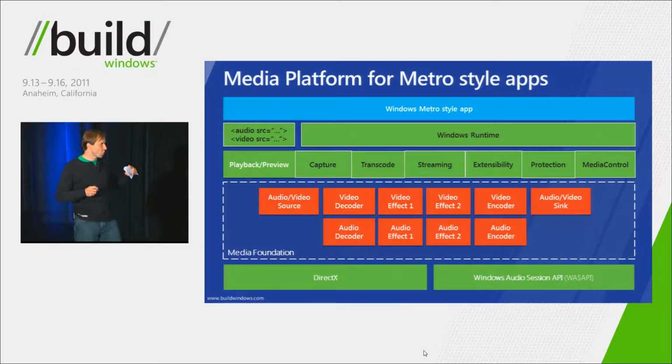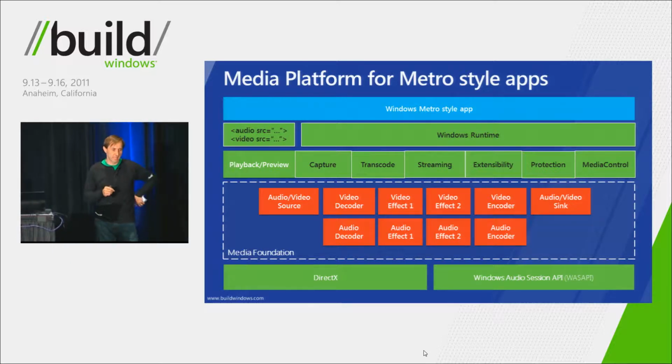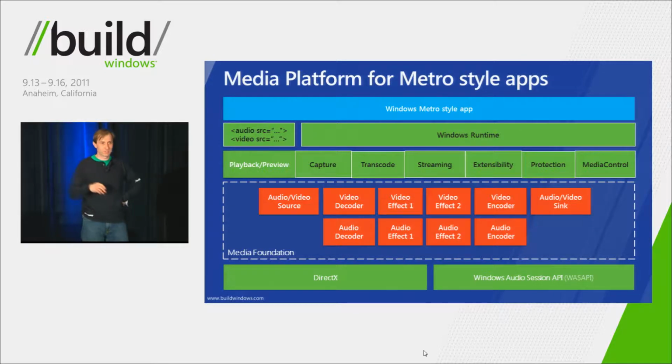So Gabe has showed you this architecture already, and it's a little more extended here. I've got a few more components that I need to cover. At the very top, you see, obviously, your Metro style app that you're building, and that could be in C#. In this case, this slide is geared to JavaScript. And then for the playback and preview functionality, you use the audio and video tags.